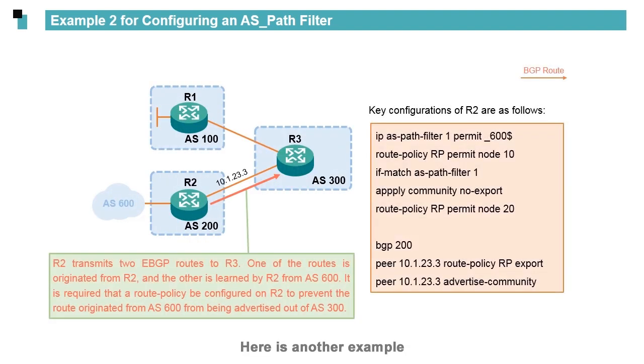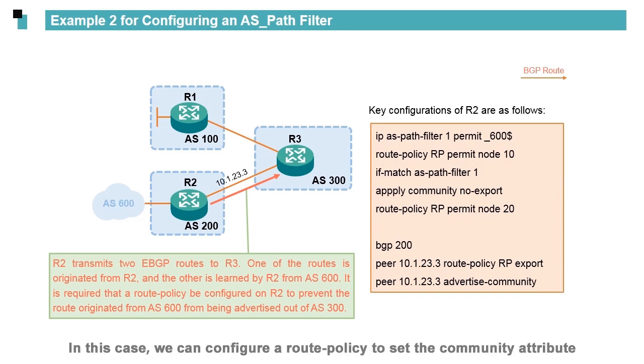Here is another example. This network is the same as that in the previous example. It is required that a route policy be configured on R2 to prevent the route originated from AS600 from being advertised out of AS300.